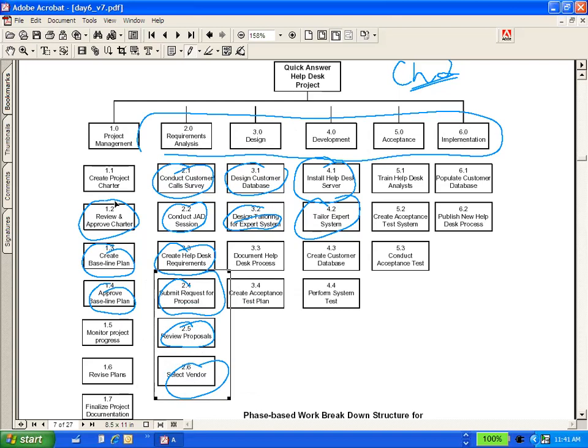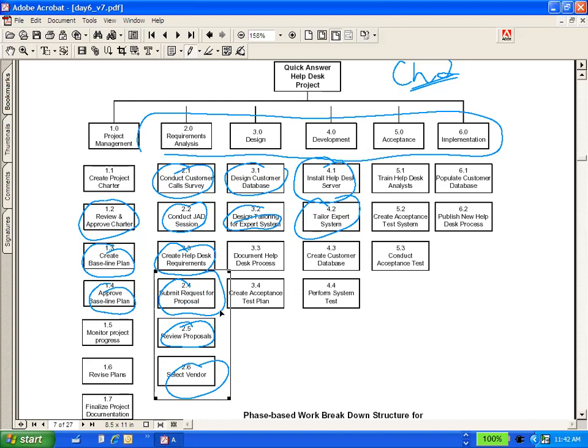In real life, when you choose a vendor, when you send RFPs, it depends. Whether you do it before the project charter, during the project charter, or after the project charter. It just depends upon the situation. Because here you are asking for the estimates, right? Like how much are you going to charge for this? It can come anytime, yeah.